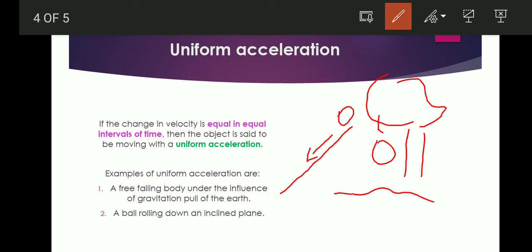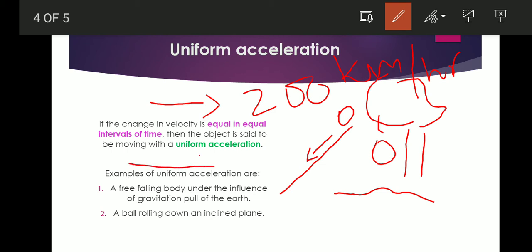Suppose a flight plane is flying with a constant speed, constant velocity of 200 kilometer per hour. Okay, so this is also uniform acceleration, or a train is moving with a constant velocity of 100 kilometer per hour.